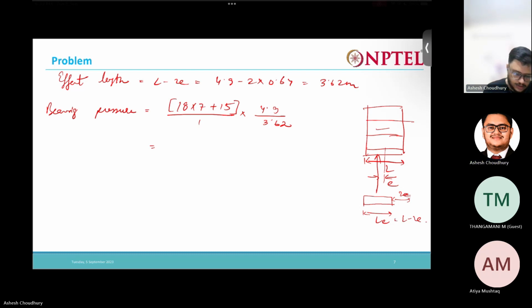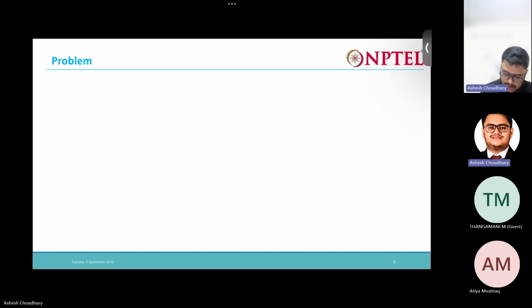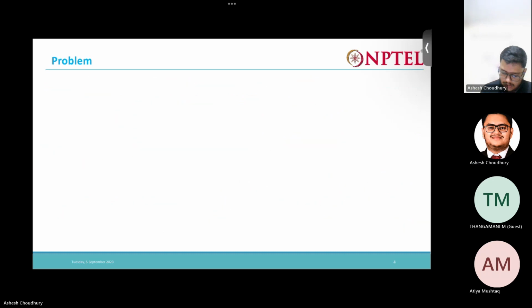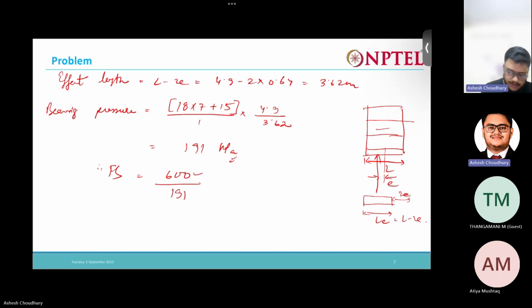It is 191 kPa approximately. Therefore, the factor of safety is 600, which was given in the question as the bearing capacity, divided by 191. It is greater than 2, so again acceptable.